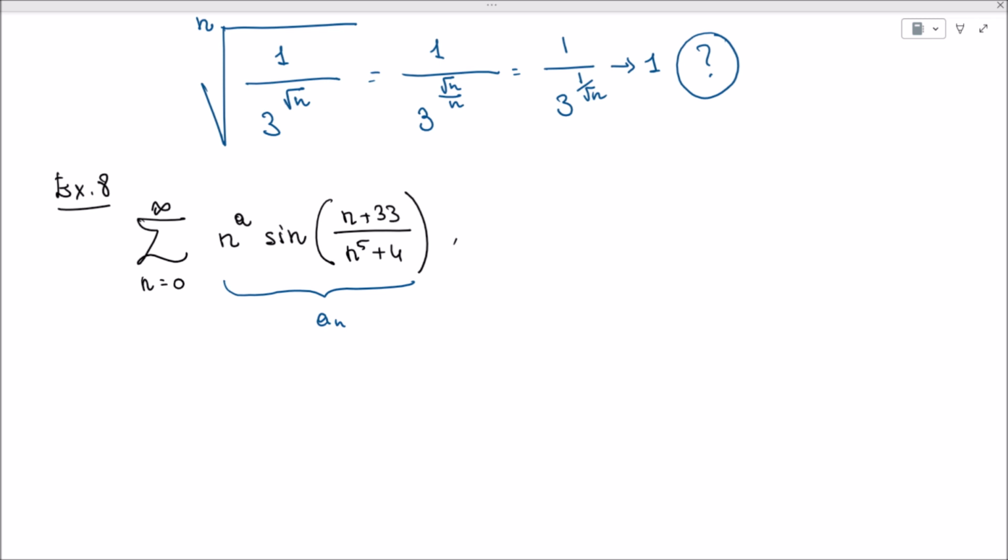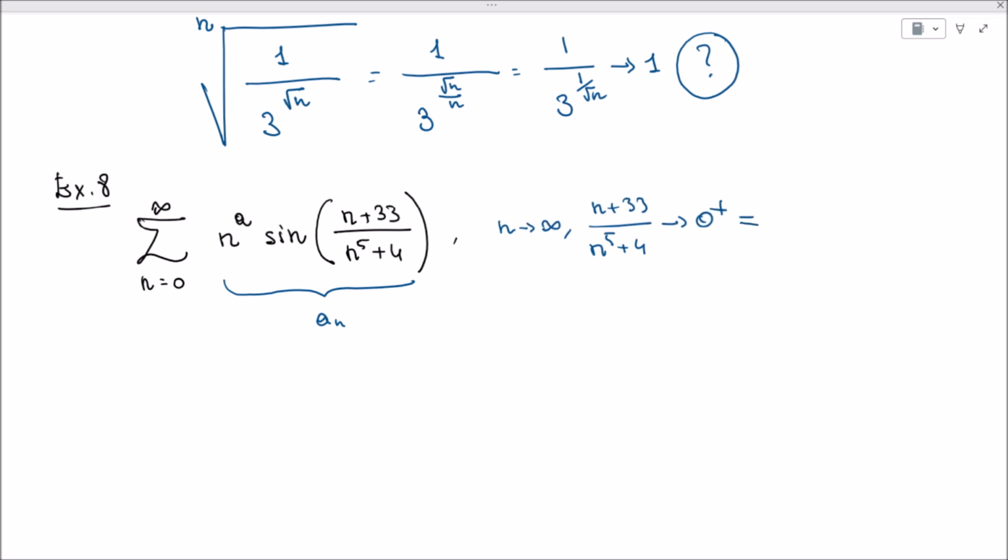Because we have the sine, of course it can be 0, and it can also be negative. So how can we make sure that this an is larger than or equal to 0? Well, for n that goes to infinity, (n plus 33) divided by (n to the 5th plus 4) will go to 0 plus.